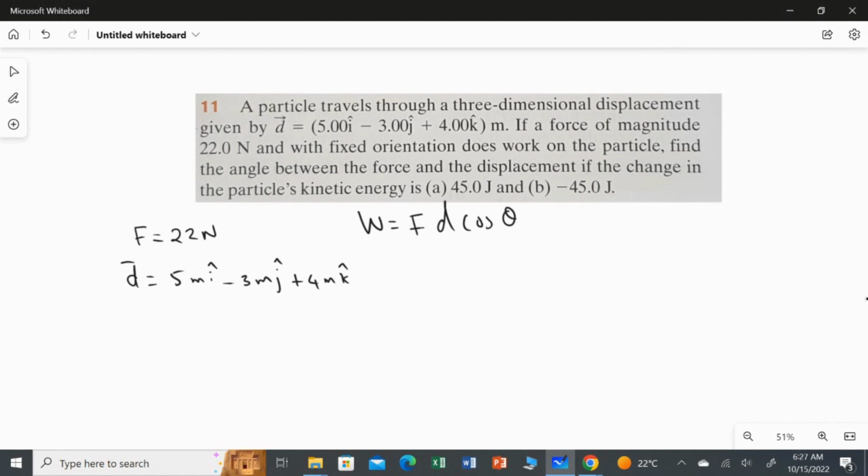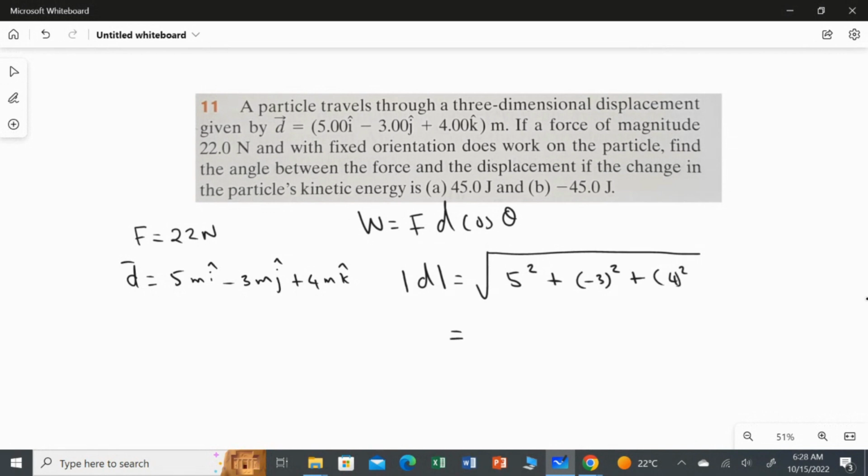Before that, I have to convert this vector form of the displacement equation into terms of magnitude. As we already know the procedure for finding the magnitude of d, which is equal to the square root of 5 squared plus minus 3 squared plus 4 squared.